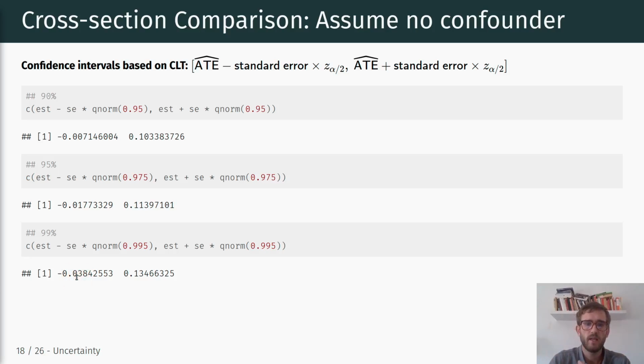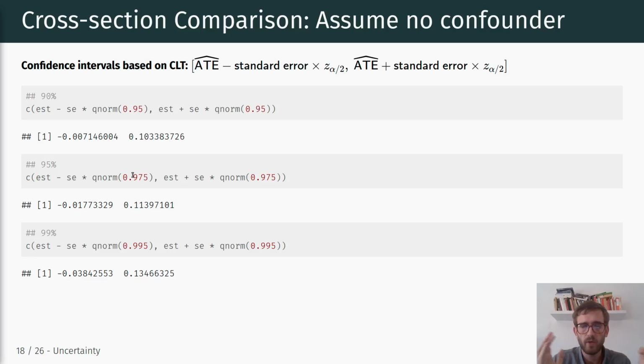And so that means that we're not very confident to reject the hypothesis that this treatment, this minimum wage increase, had no effect on full employment. We're going to talk more about hypothesis testing in this context in the upcoming week.